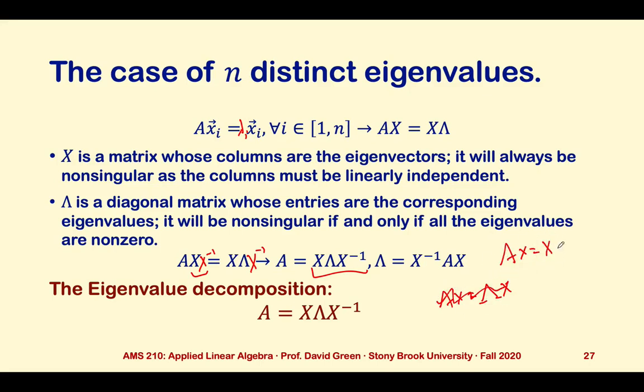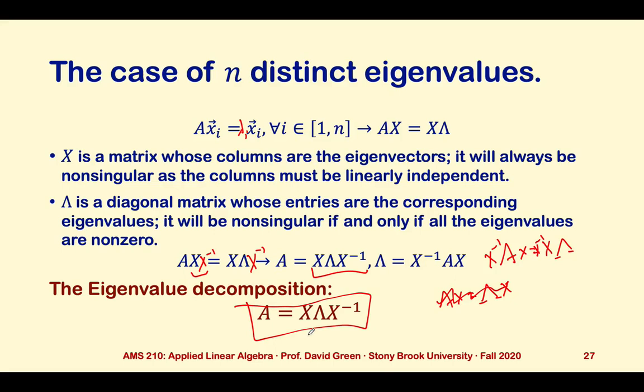We could equally have started with AX equals X lambda, and multiplied both sides on the right by X inverse. And this would give us lambda equals X inverse AX. This general result, expressing A as a product of 3 matrices, one of which is a diagonal matrix, is what we call the eigenvalue decomposition.